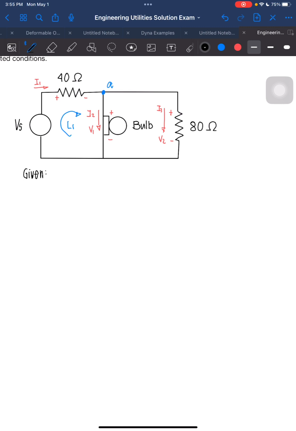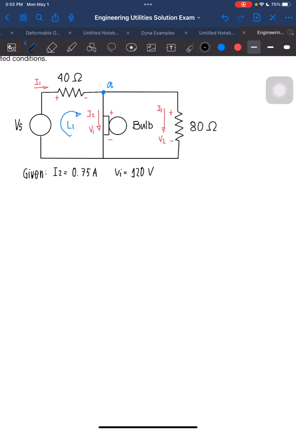Ang ating I2, which is sabi na 0.75 ampere. Tapos yung ating V1 na 120 volts.